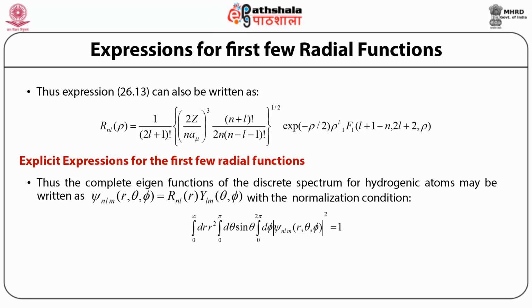Thus the complete eigenfunctions of the discrete spectrum for hydrogenic atoms may be written as psi_nlm(r, theta, phi) equal to R_nl(r) Y_lm(theta, phi) with the normalization condition integral 0 to infinity r^2 dr multiplied by integral 0 to pi sine theta d theta multiplied by integral 0 to 2 pi d phi multiplied by the modulus of psi_nlm(r, theta, phi) squared equal to 1.